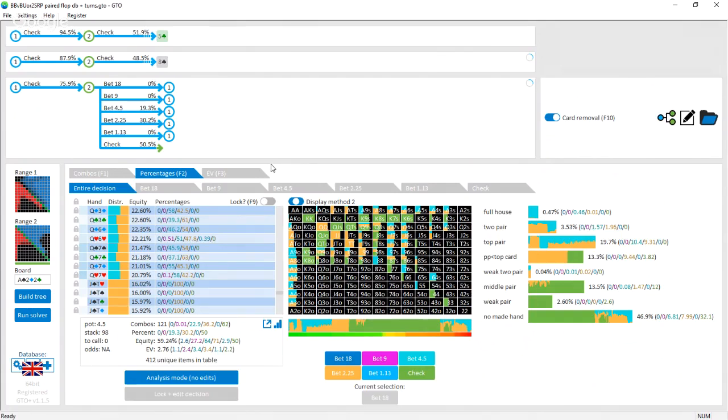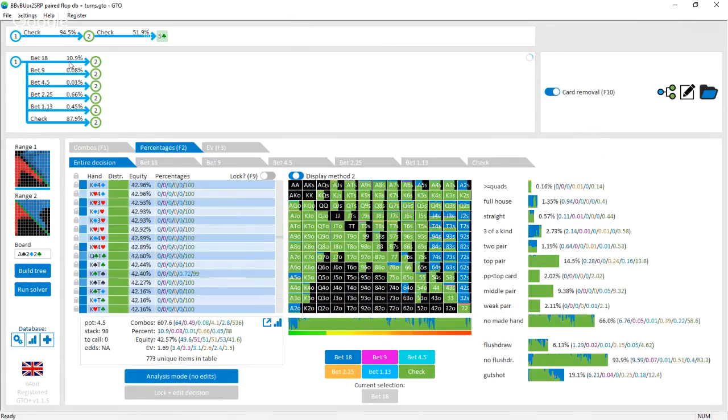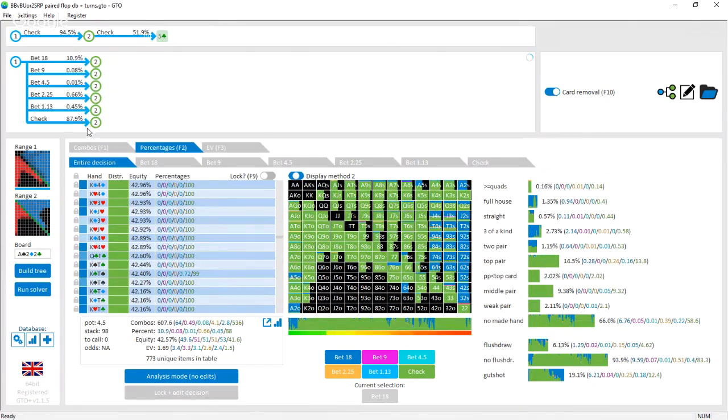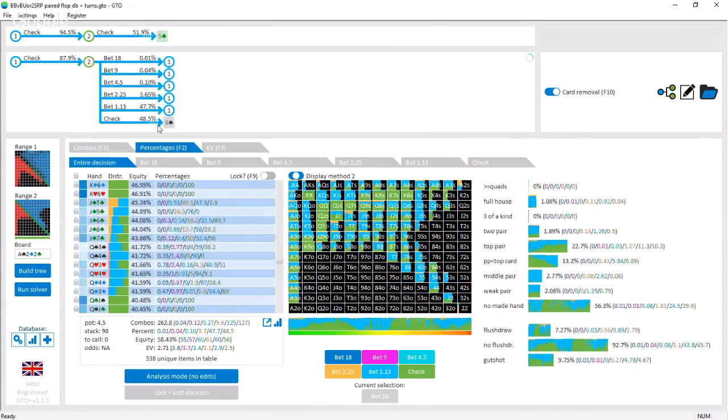What is a good exploit if the person probes too often on the turn? Like you see, he's still supposed to check like 88%. Yeah. So here, if they're probing too often on the turn, when they check, you can ignore the 50% rule and bet more often. So that's another exploit. If they're betting too often, right here you see they should be checking 88% of the time to prevent you from betting a lot.